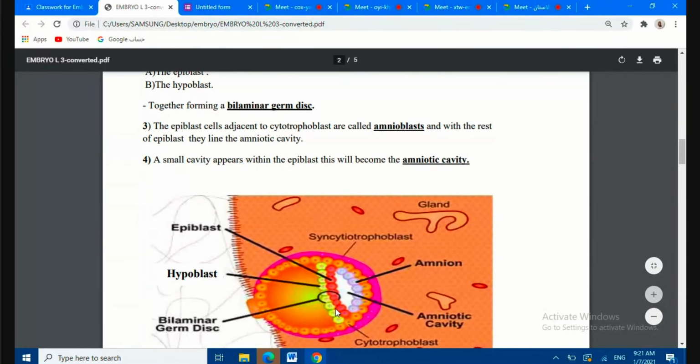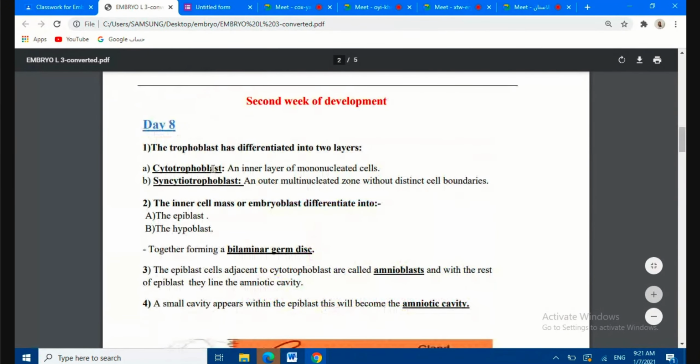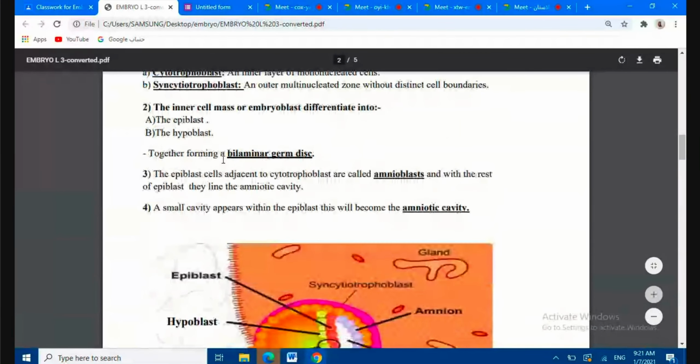So together this epiblast and amnioblast, which we sometimes call amnion, will form a cavity that we call the amniotic cavity. So we have three points. The trophoblast formed the cytotrophoblast and syncytiotrophoblast. The embryoblast formed epiblast and hypoblast, which together will form the bilaminar germ disc.